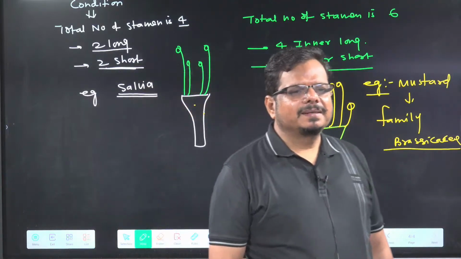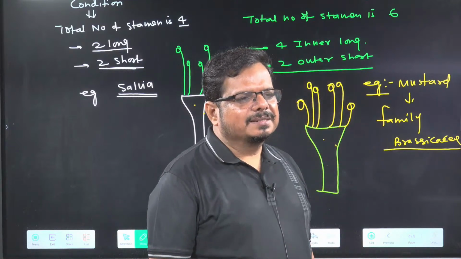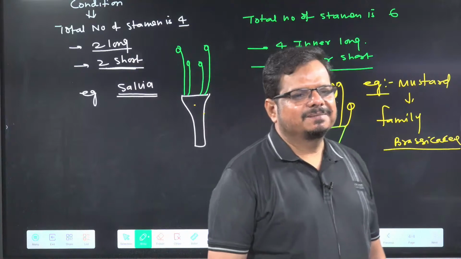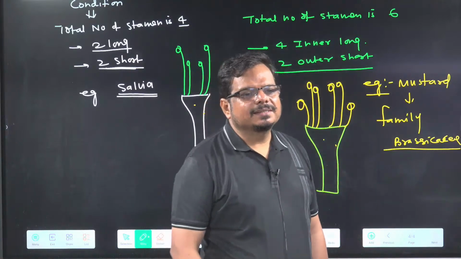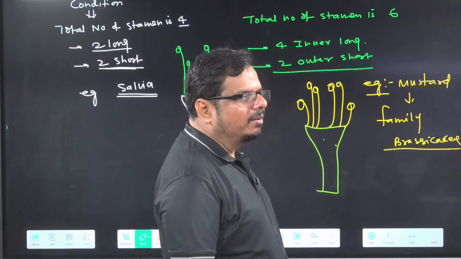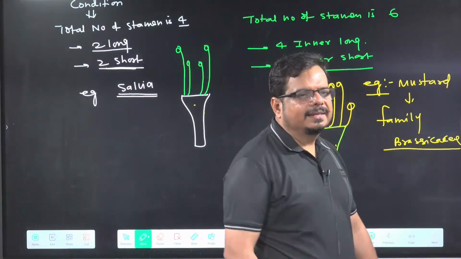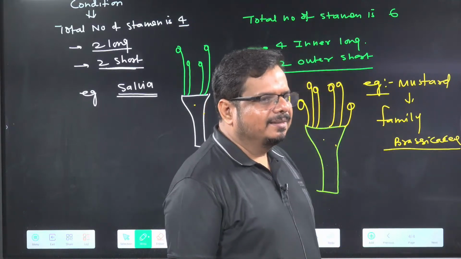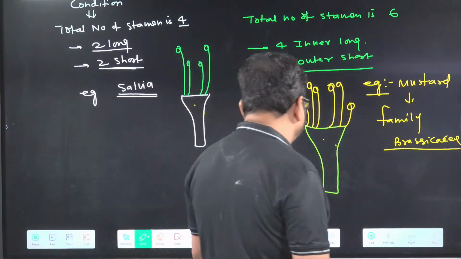Tell me. Stamens in tetradynamous or didynamous condition are fused or free? Free stamens are there. So here stamens are free. They are not fused together. They are not showing either cohesion or adhesion. So stamen is over.